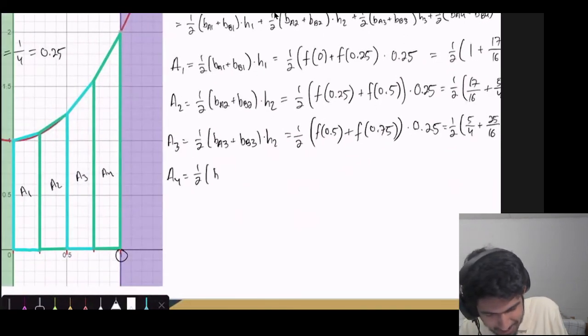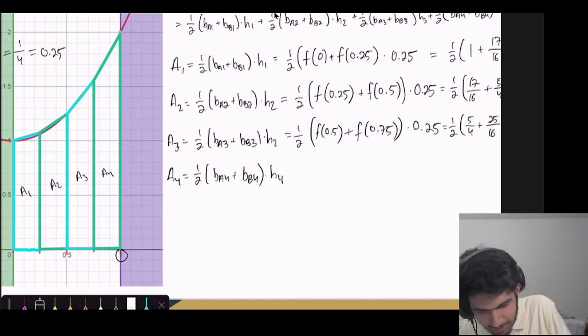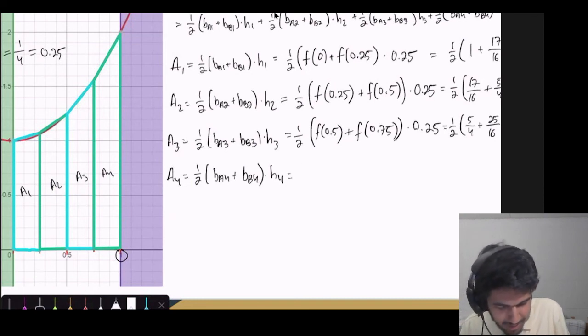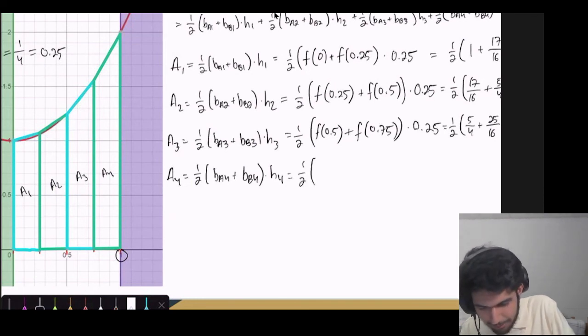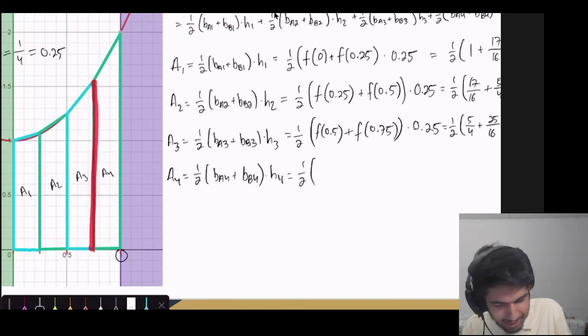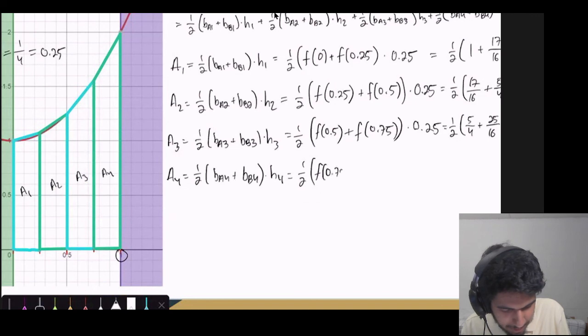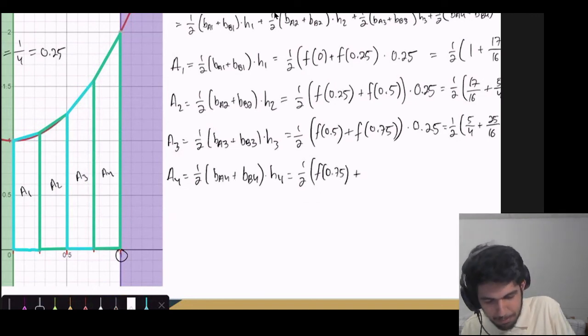One more, we've got to power through it. 1/2 ba4 plus bb4 times, this should be h4. This should be h3 here. This is 1/2 ba4. That's this side right here. That carries over from before, so this is f of 0.75, plus bb4 would be this height here.